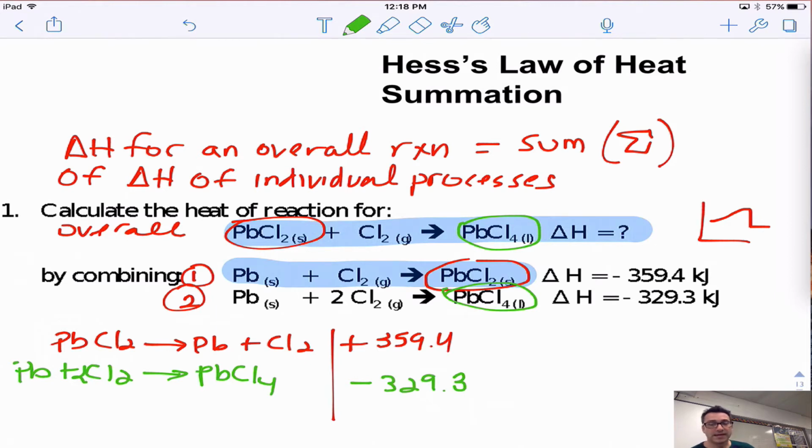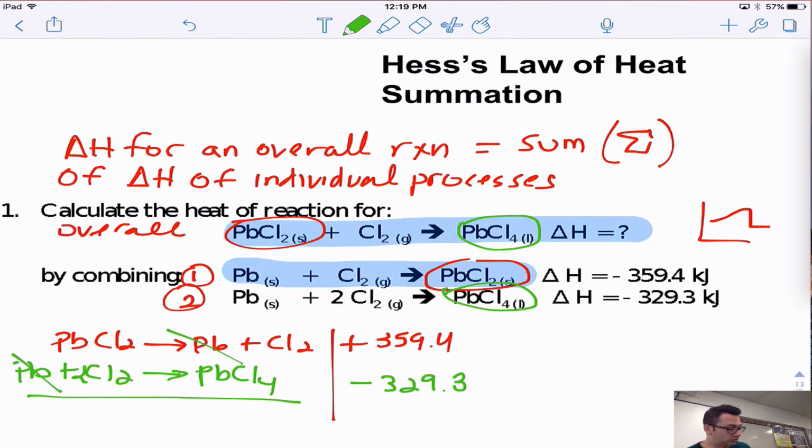Now, I should be able to add up the two reactions and get the overall. The Pb on the left and the Pb on the right should cross out, and they do.